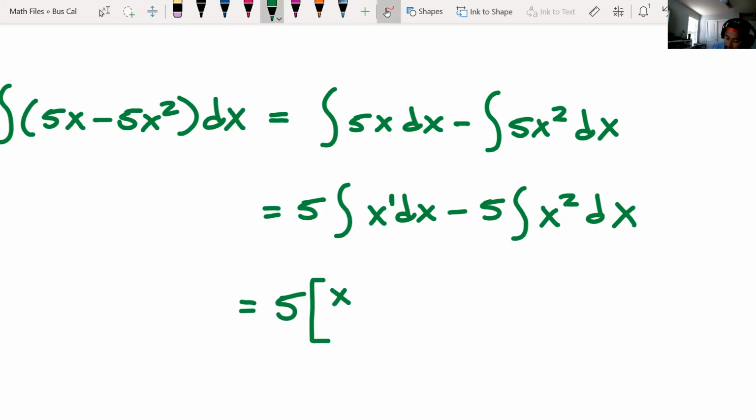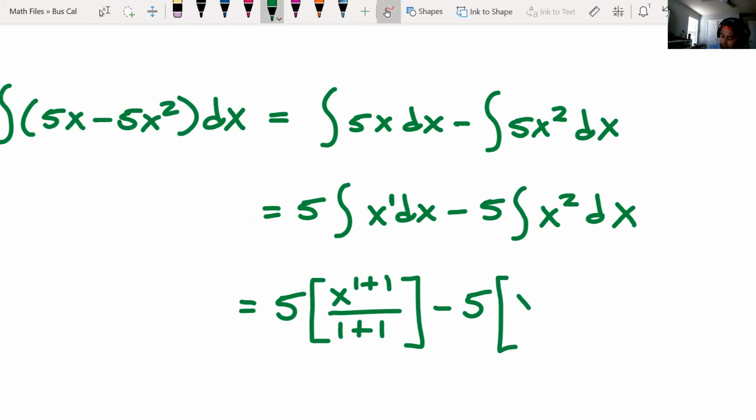You'll get x to the 1 plus 1 over 1 plus 1 minus 5 times x to the 2 plus 1 over 2 plus 1.